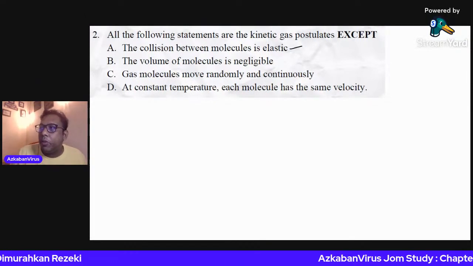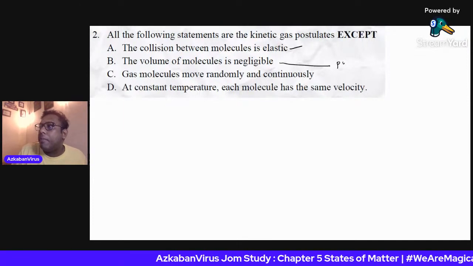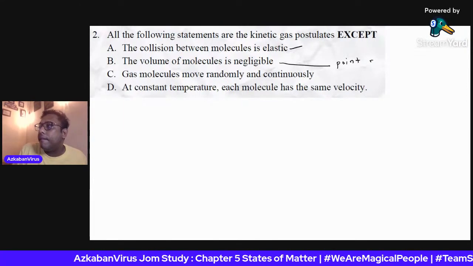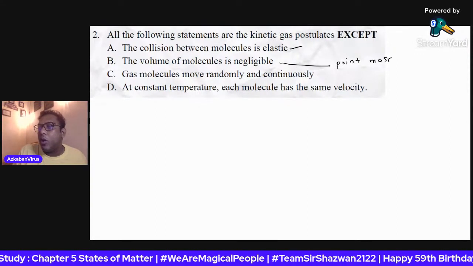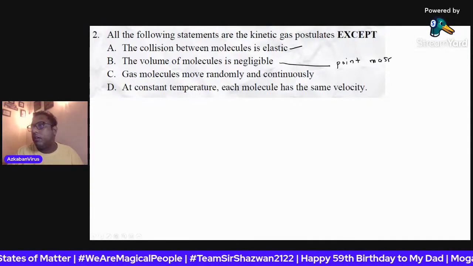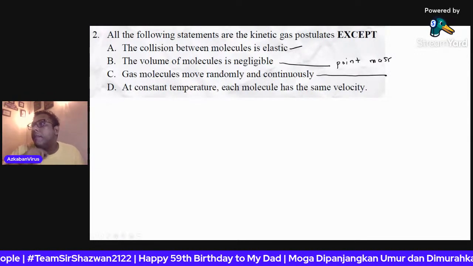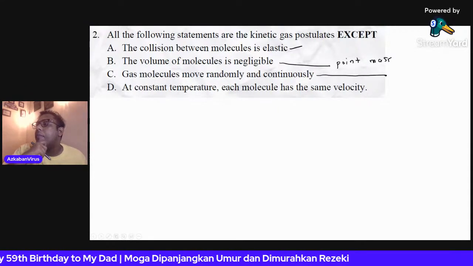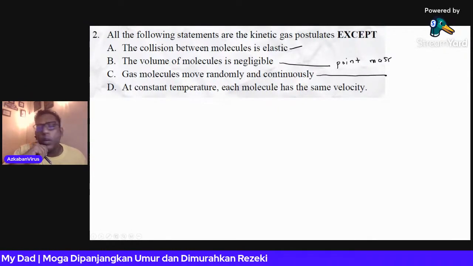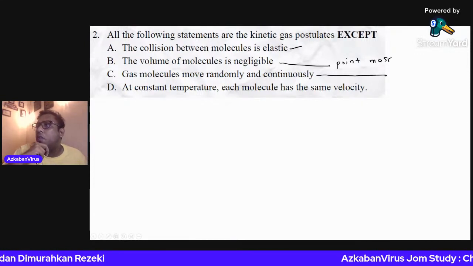The volume of gas molecules is negligible. Betul, kita nampak gas particle tu as a point mass. Gas molecules move randomly and continuously. Betul, dia ibarat orang buta. At constant temperature, each gas molecule has the same velocity. No, that is not part of kinetic molecular theory of gases.